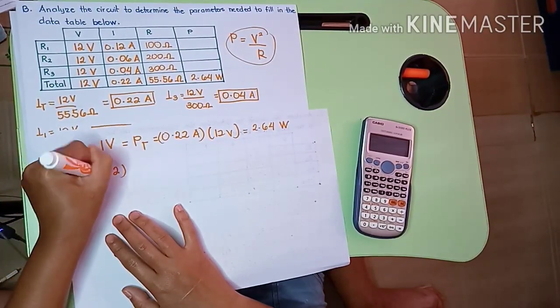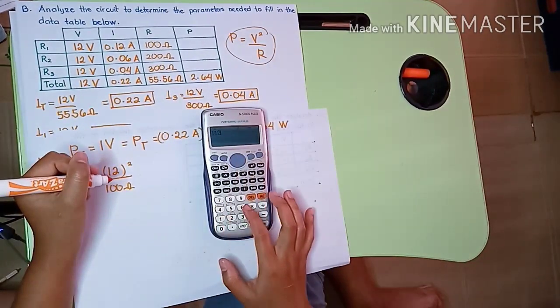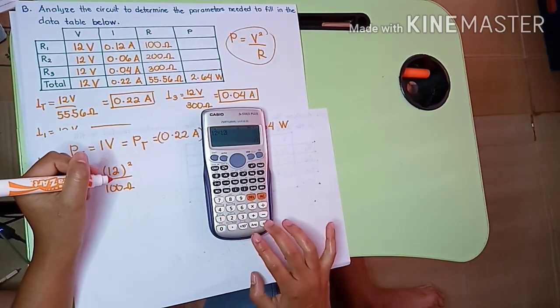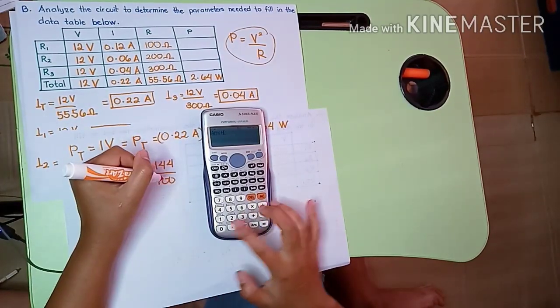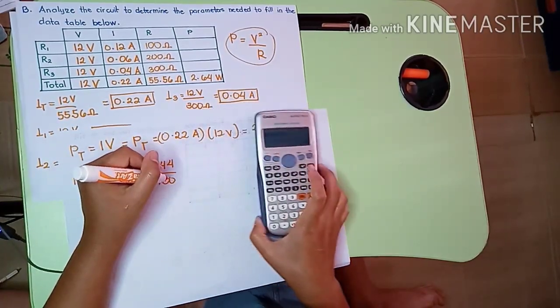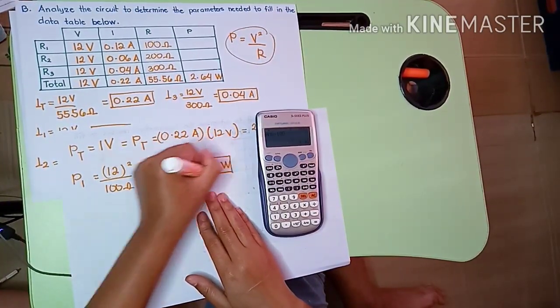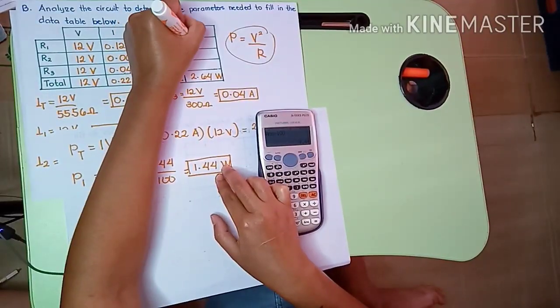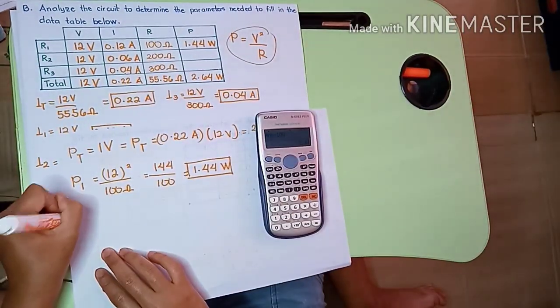But in knowing the power of R1, we will use the formula power is equal to voltage squared over resistance. So R1 is 12 volts squared over 100. So 144 over 100 is equal to 1.44 watts. That is our power 1.